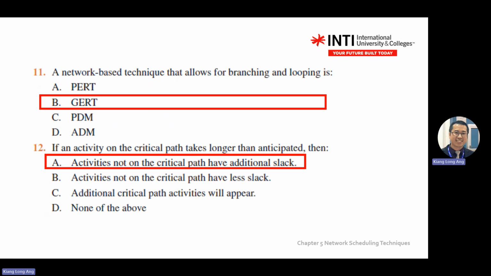Let's say this is critical path. Then the activity on the critical path takes longer than anticipated. Let's say this one at 1. So this one non-critical, you will have at 1 also. Means you have not at 1 but there's a play time for these activities to play around, because this is not critical.